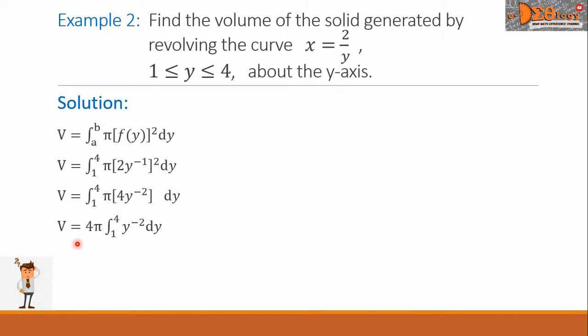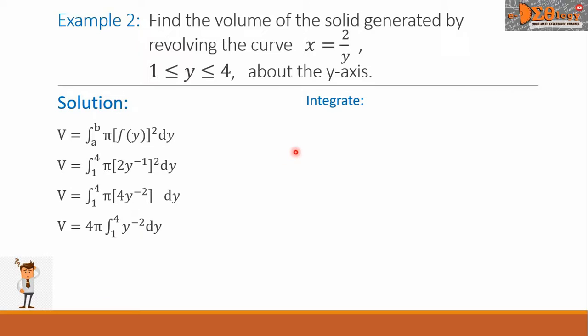So we have V equals 4 pi times the definite integral from 1 to 4. Our function now is this y raised to negative 2 dy. Let us now integrate.